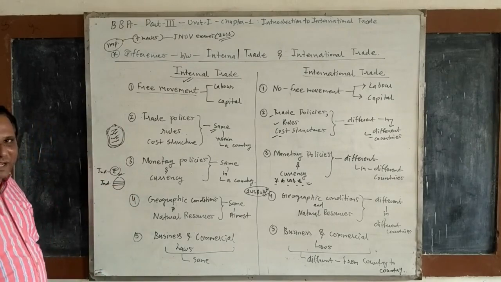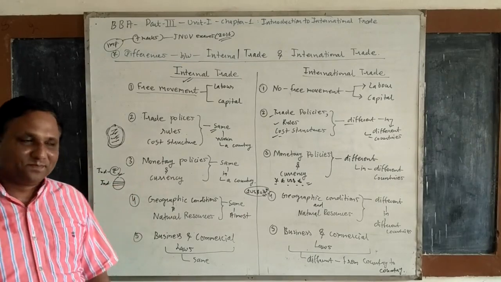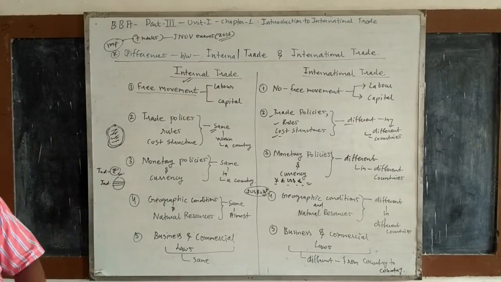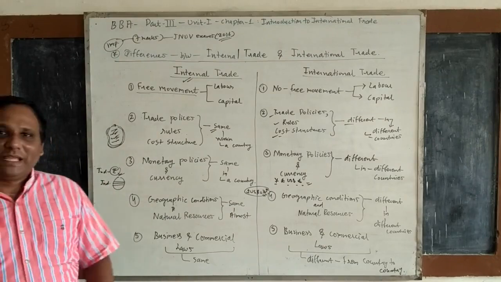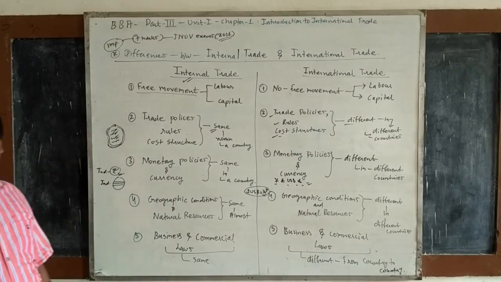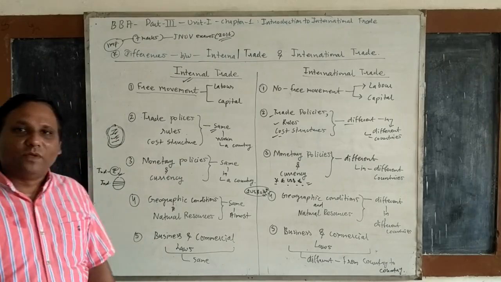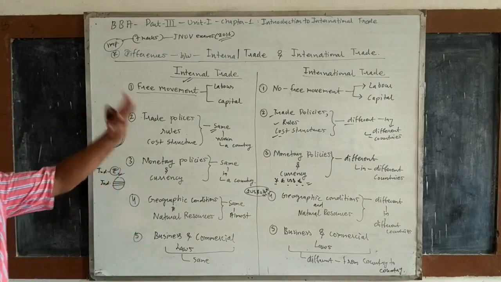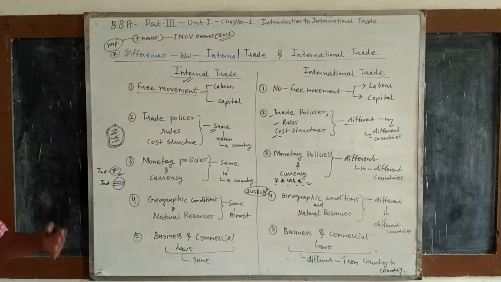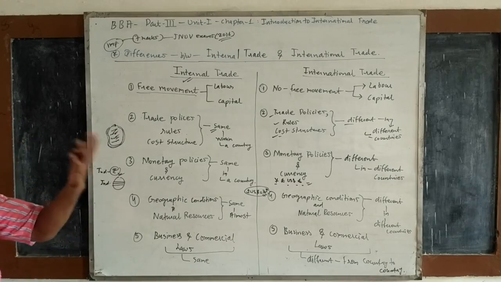India is a tropical country, while Britain, Germany, Canada, Japan all come under the temperate zone of the world. These countries have cold climates, and their geographic conditions are different from India.